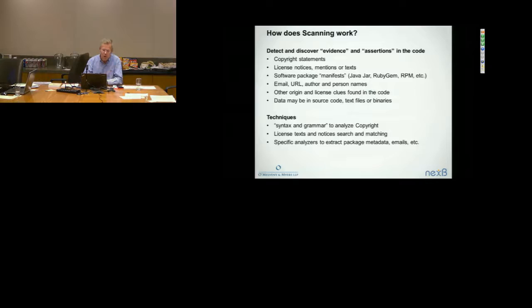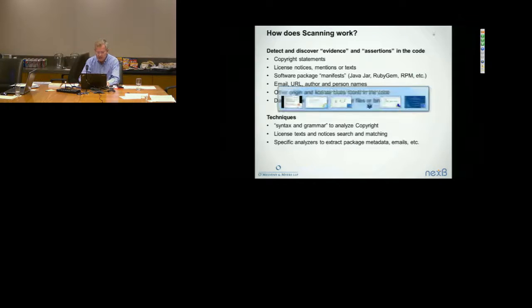And then, more mundane, typically what's called regular expressions, a form of pattern matching, to be able to capture and collect things like emails, URLs, and authors. Person names are a bit more involved: being able to recognize out of many words whether the sequence of words actually represents a person is of course a bit more complex. So these are the key techniques used for scanning.